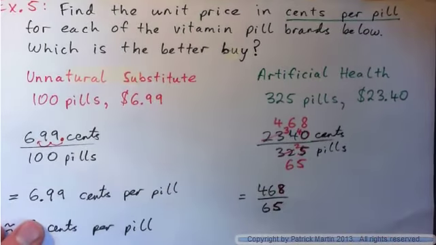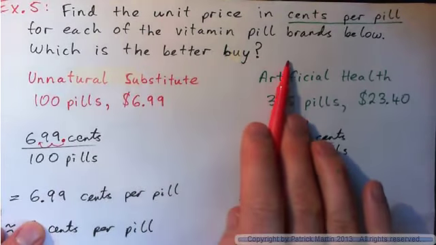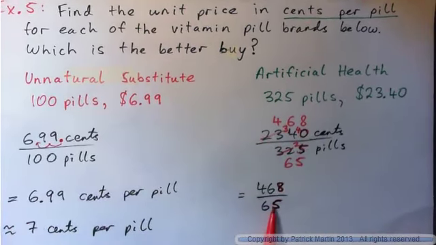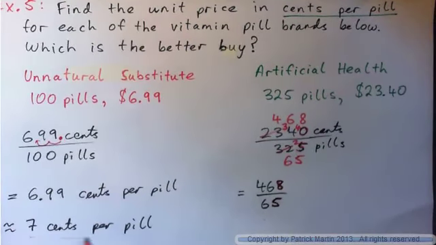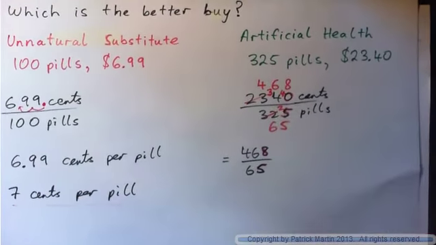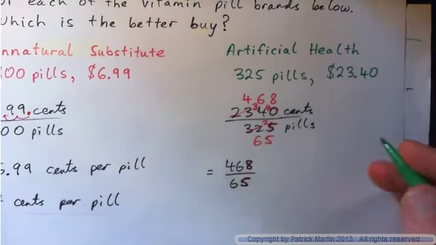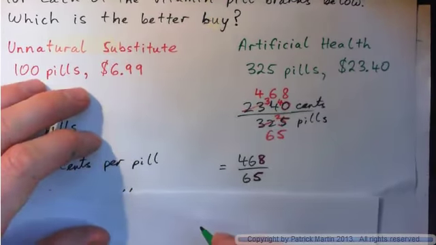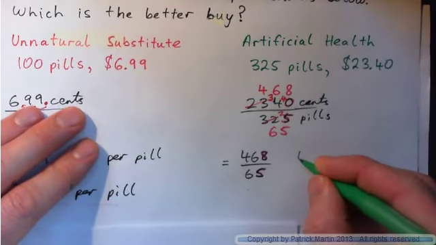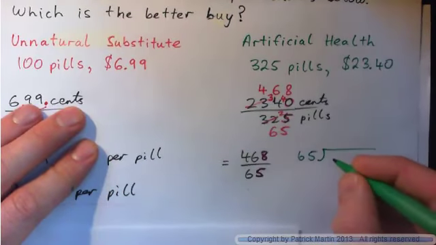The problem is we've got to figure out which is the better buy. So we actually have to do long division to figure out the unit price in cents per pill. 65 into 468.